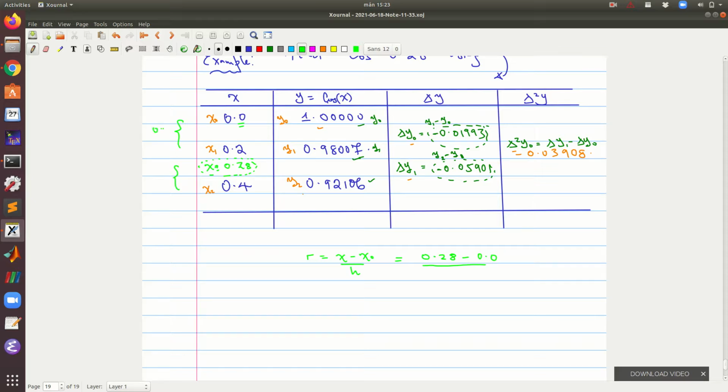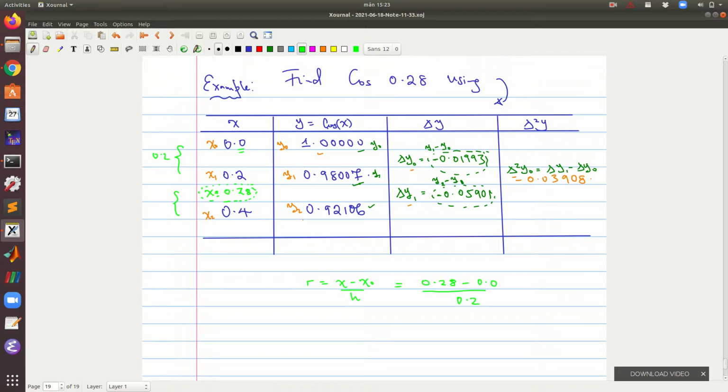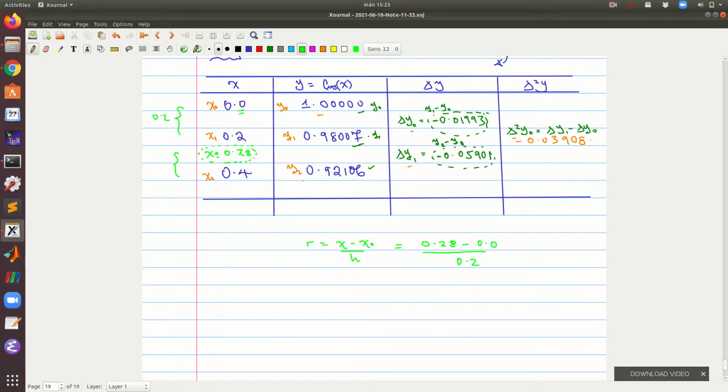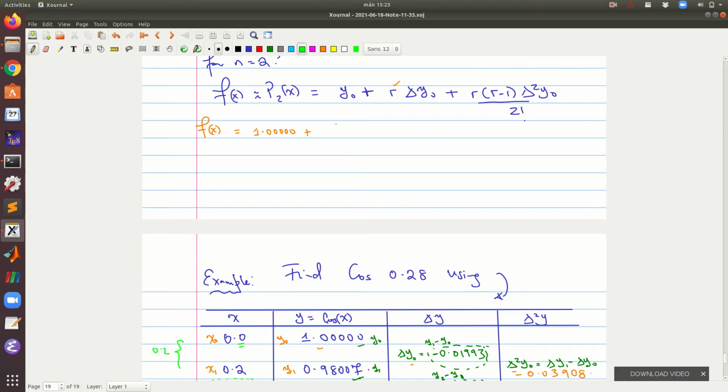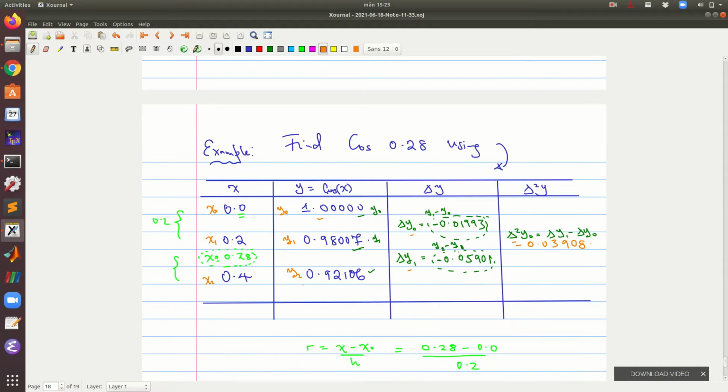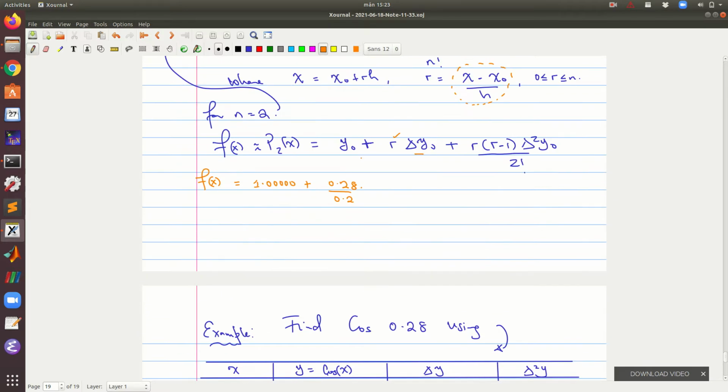We know it is uniform, which is 0.2. So r is 0.28 divided by 0.2, times the forward difference evaluated at x0. Where is that? This one here, the value you have here. In other words, we have everything else. So this is the r.